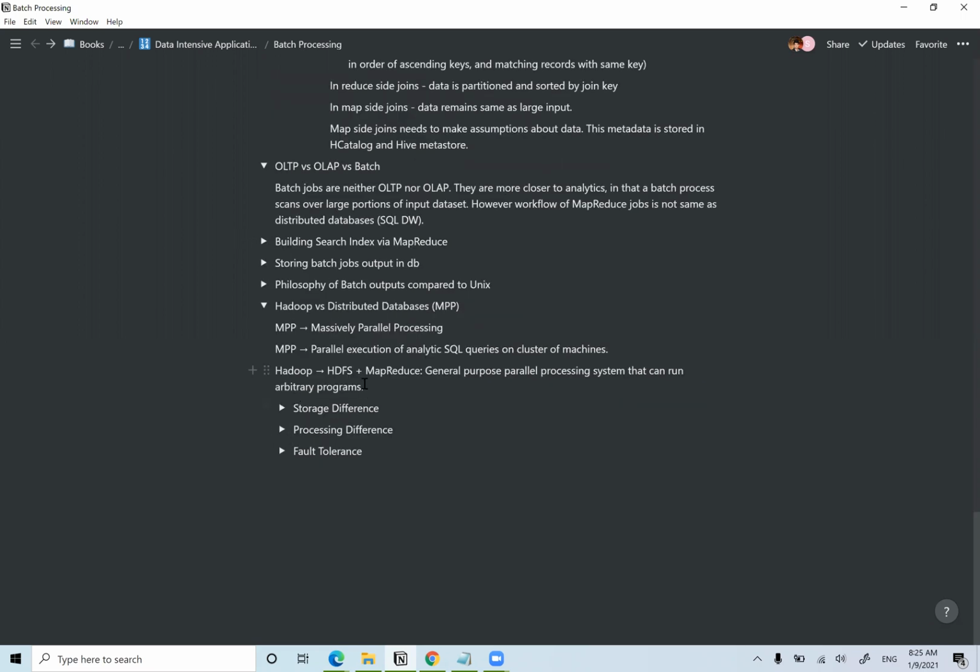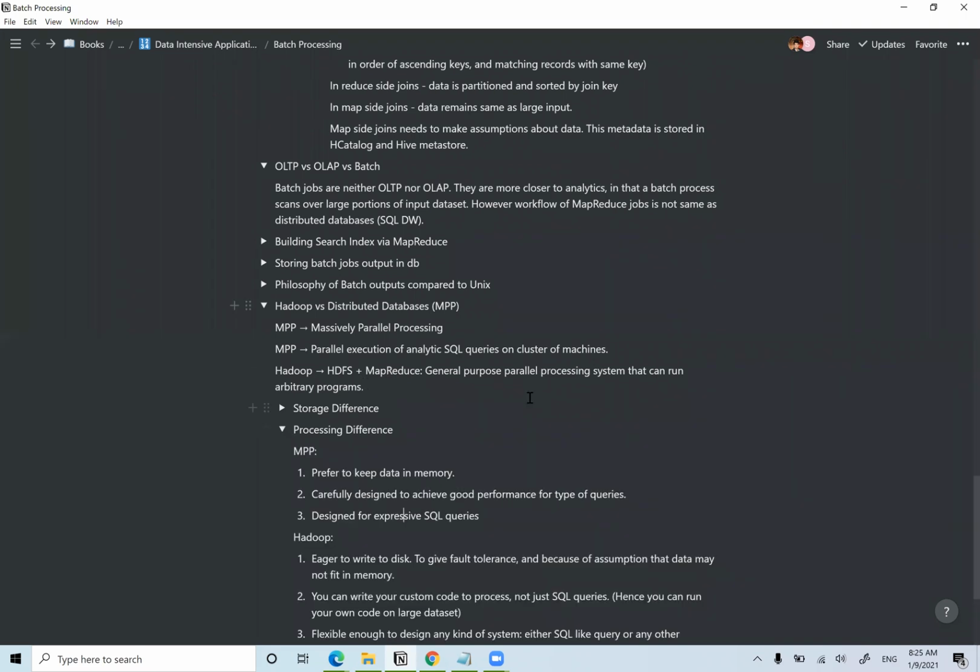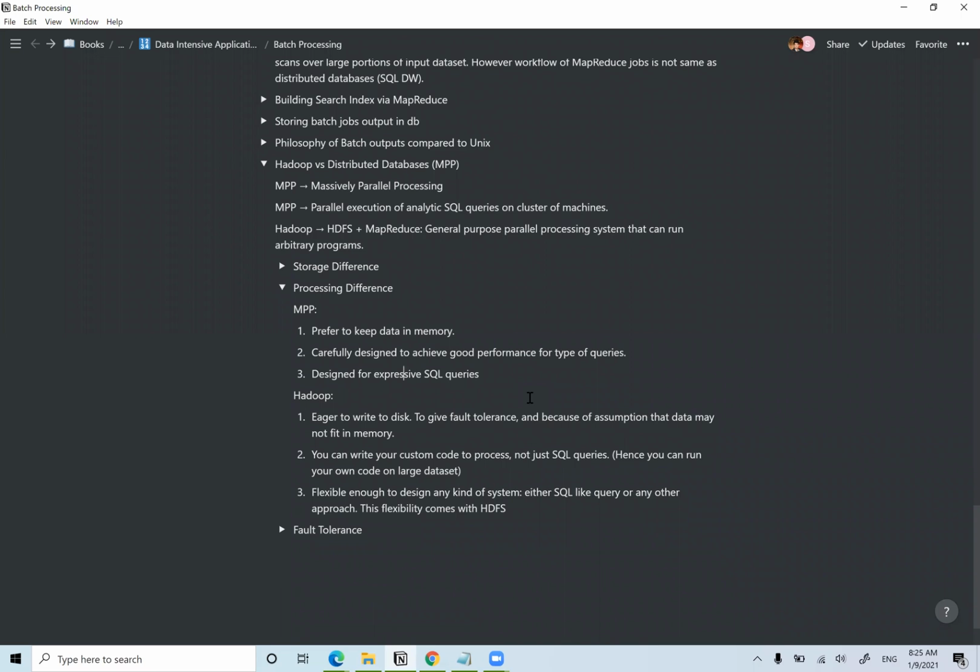And then one more thing is, even though we have differentiated MPP and Hadoop, there are two modes for running Hive. Hive is a data warehouse inside Hadoop. So you can also run Hive as an MPP. Generally, if you submit any Hive query, the query optimizer creates a MapReduce job, and then it sends that MapReduce job to the resource manager, which schedules where to run this job and all that.